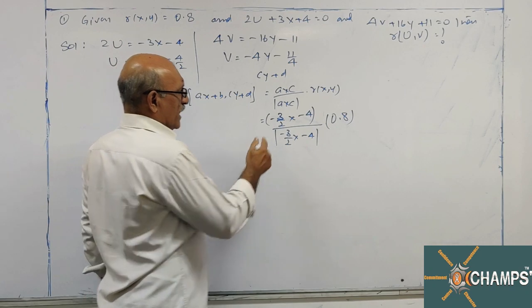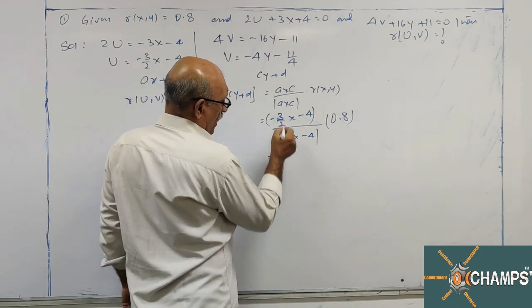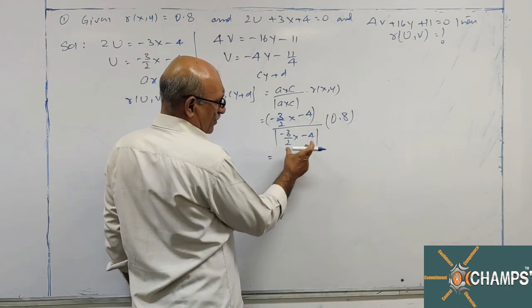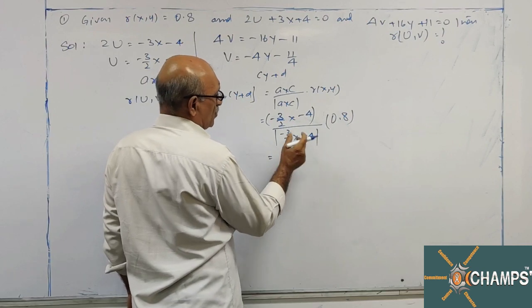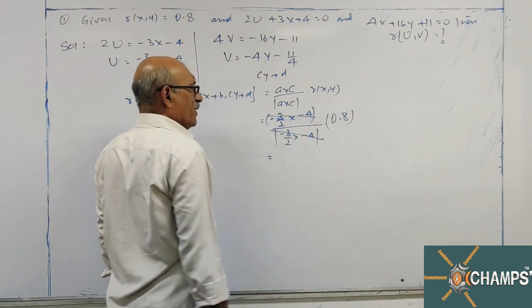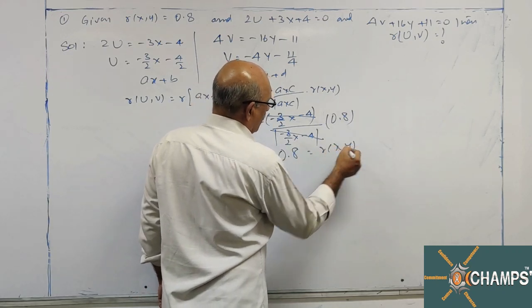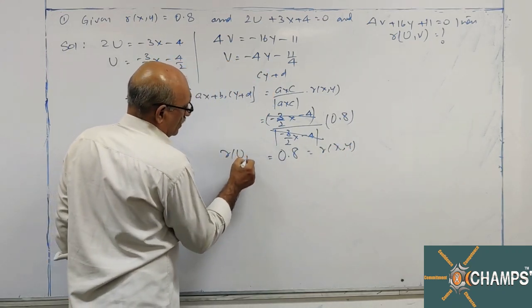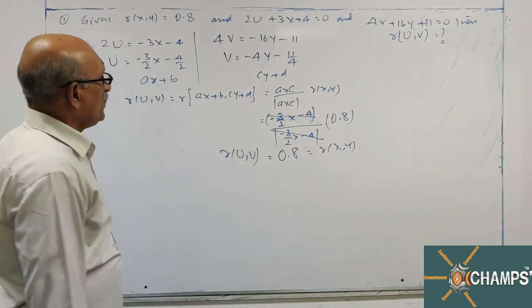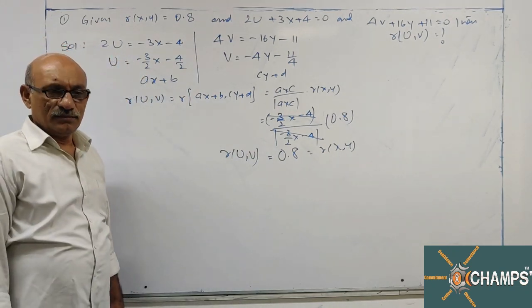Numerator is a positive value, minus into minus is plus, and modulus absolute value is always positive, so you can cancel these two. This is r of x comma y. r of u comma v is equal to r of x comma y.